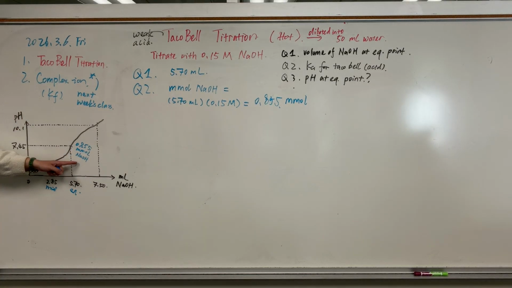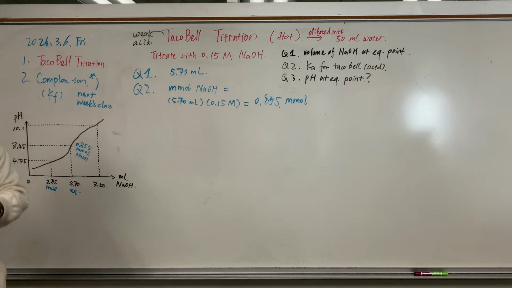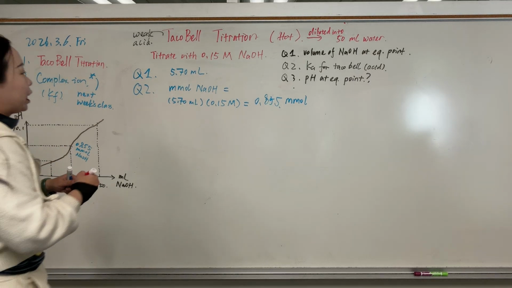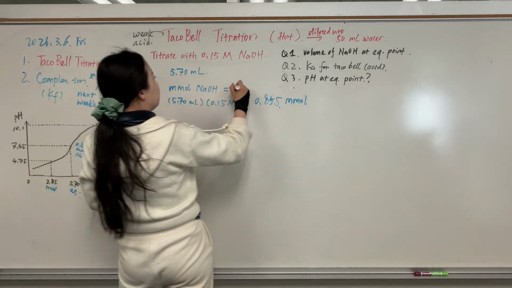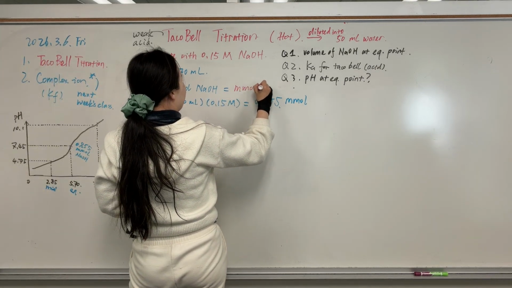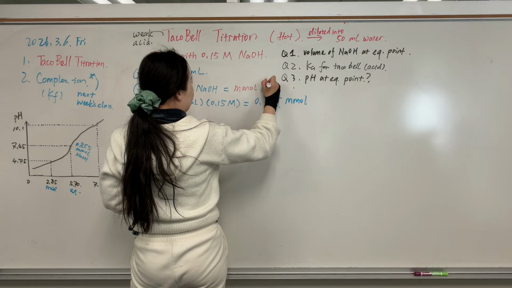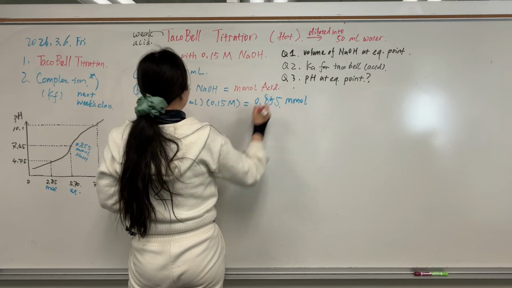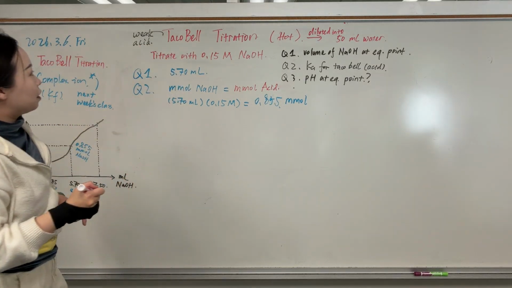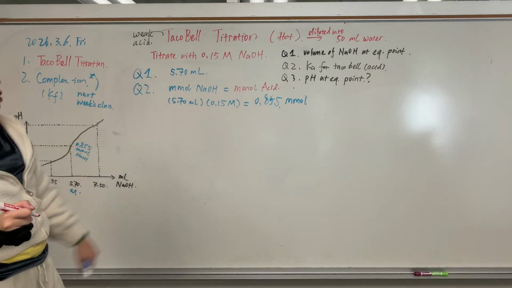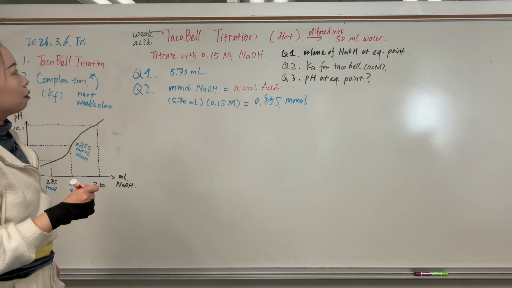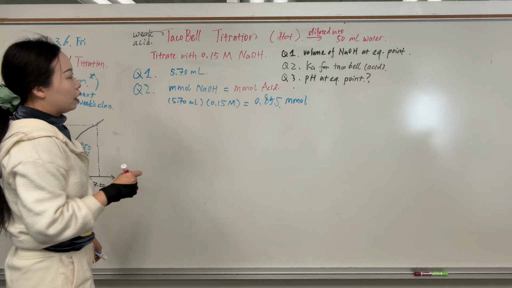There is also the same amount of acid being used, right? Which is the Taco Bell weak acid, equals moles of acid. I don't want to write Taco Bell as acid, so I'll just write moles of acid.